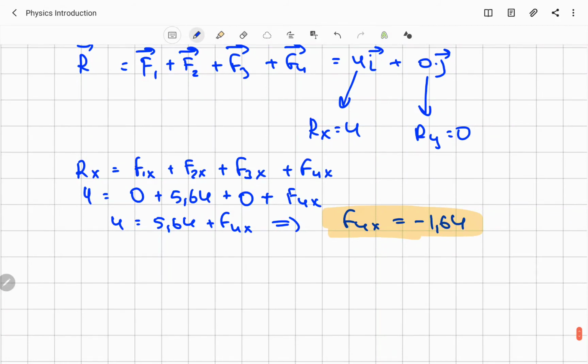So we can write that f4 equals negative 1.64 i, only i, no j, no y direction.